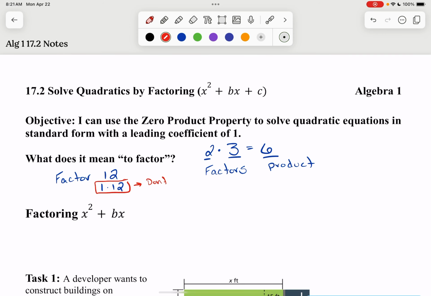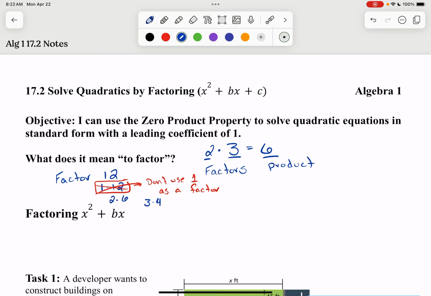It's really boring, so we don't normally even list that one. But you could list 2 and 6. Those are factors of 12. You could list 3 and 4, 3 times 4. So those are all the factors of 12. Again, what multiplies to give me 12?